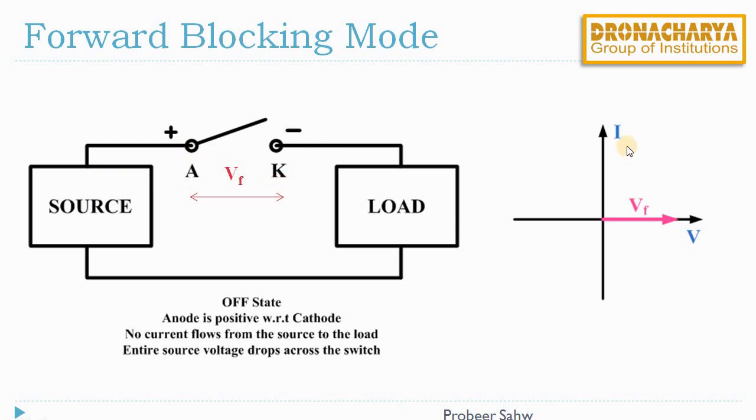The VI characteristics of this forward blocking mode is shown in the right figure. As we can see, there is no current, only a forward voltage that is blocked by this switch. We are calling this voltage as forward voltage because the anode is at higher potential.